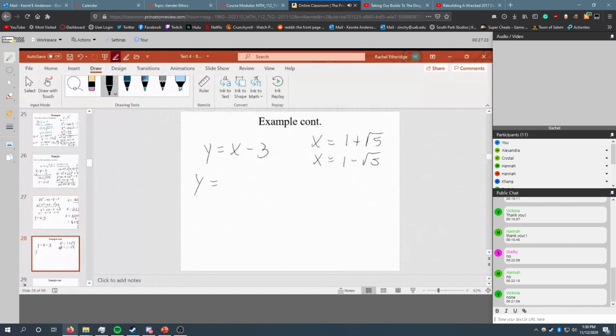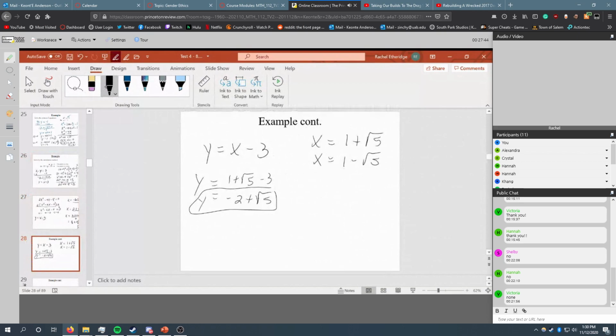So y equals 1 plus square root of 5 minus 3. So that's negative 2 plus the square root of 5. So that's the y.